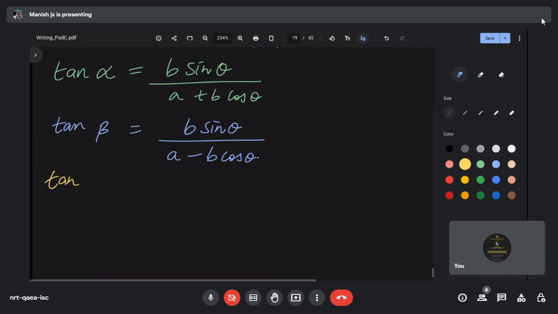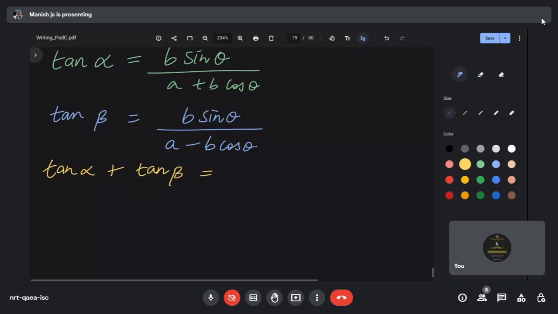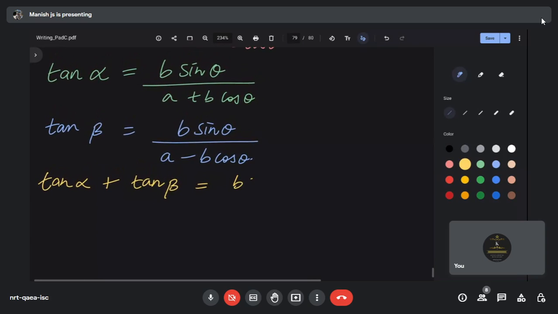What is tan alpha plus tan beta? Simplify பண்ண வேண்டியதுதான். Add it and go for a simplification. So B sin theta வந்து I think you can take it as common.